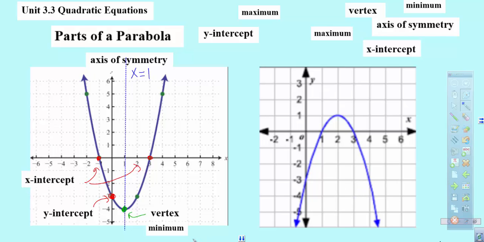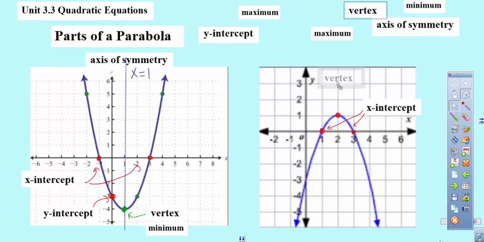Okay, now that you're back from drawing it out, let's label those pieces. We start right here. Those two spots would be known as our x-intercepts. This spot right here is our vertex, which in this case would be a maximum.